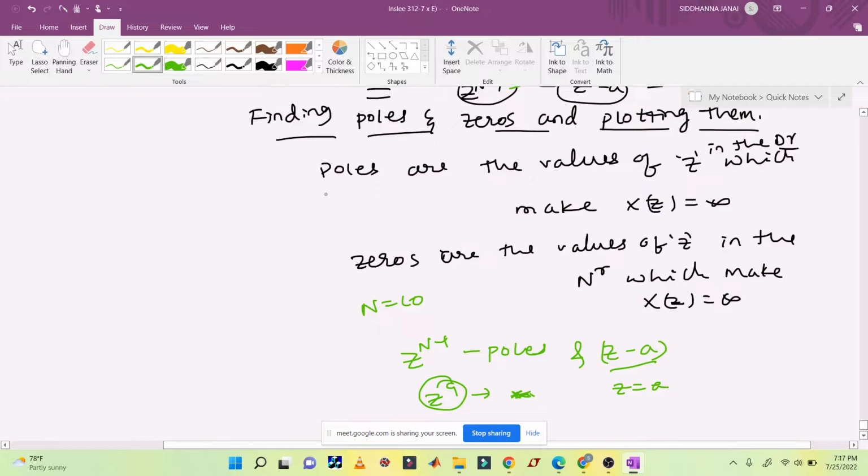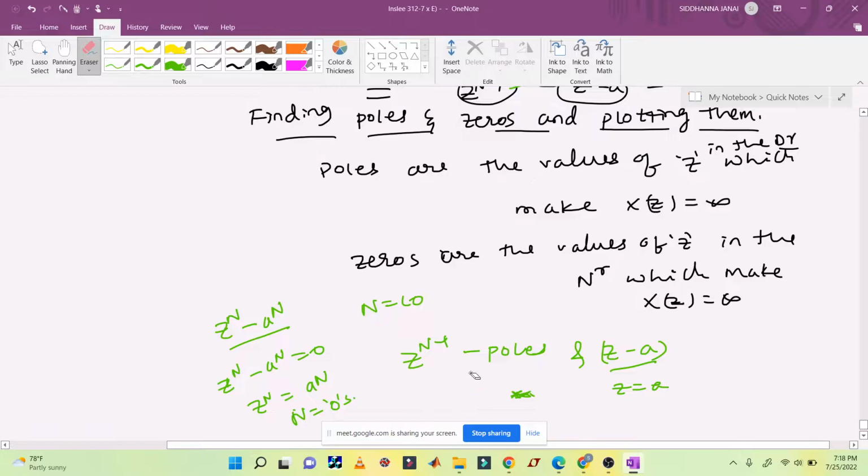When it comes to zeros, z to the power n minus a to the power n is there. So zeros will be found by equating z to the power n equal to a to the power n. So there are n zeros.